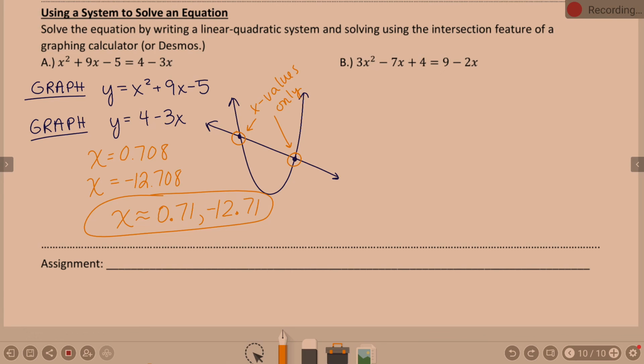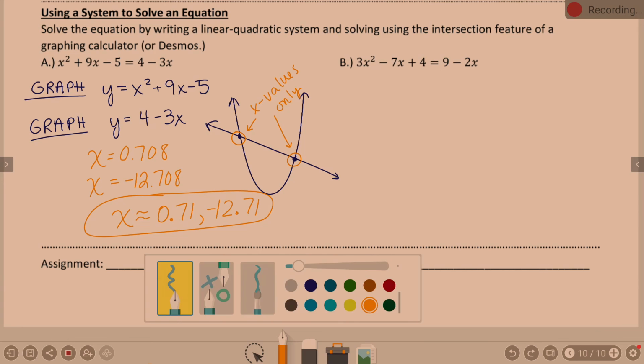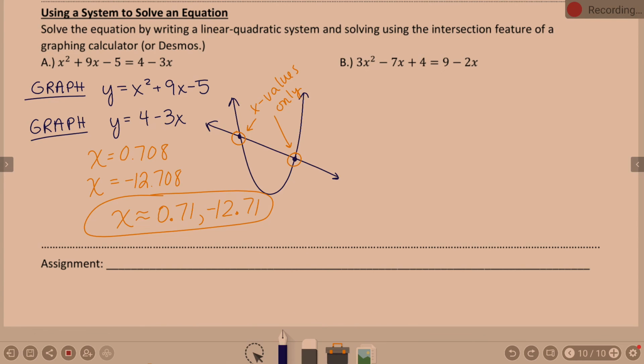Okay. If you haven't, try B. See what you can come up with for B. You're going to graph your quadratic, y equals 3x squared minus 7x plus 4.